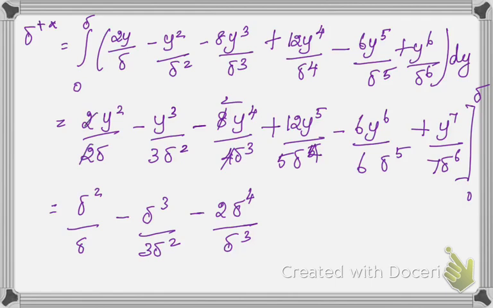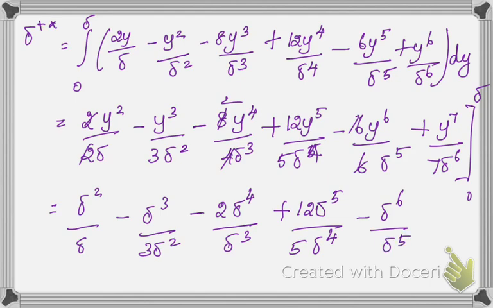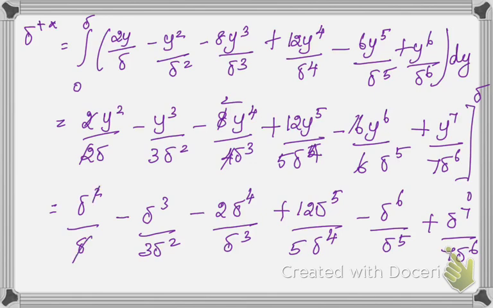So I am cancelling and substituting. Plus 12 del power 5 by 5 del power 4. 6 and 6 will get cancelled. So I will be having minus del power 6 by del power 5 plus del power 7 by 7 del power 6.